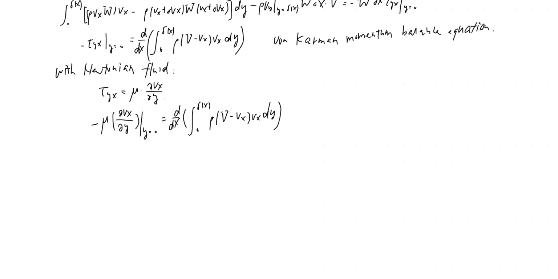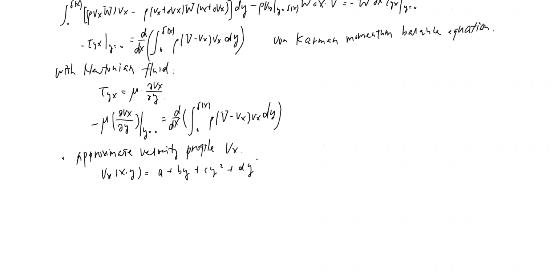Now let's approximate the velocity profile for Vx. Let's assume Vx takes this form: a coefficient a plus b y plus c y squared plus d y cubed.